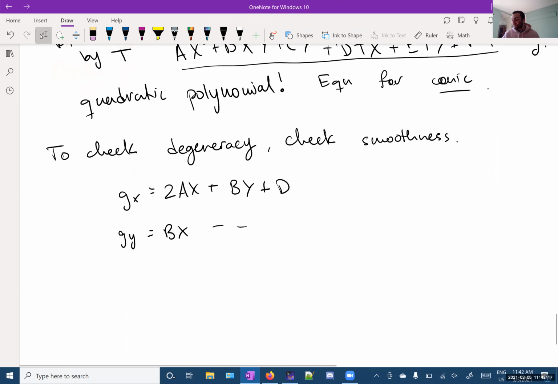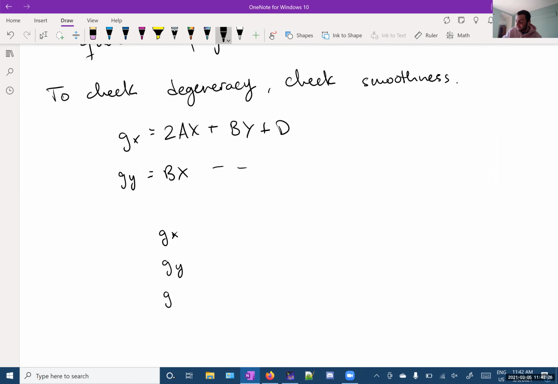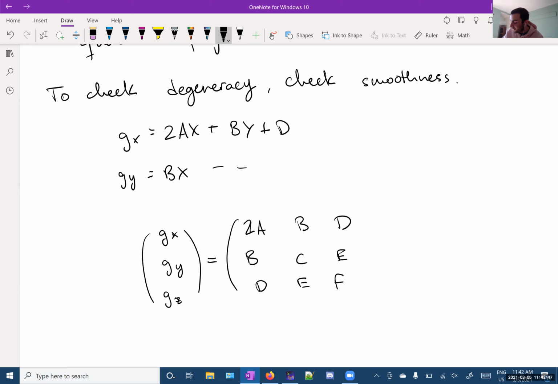But the thing that we notice after we write this down is that we can write it like this: (g_x, g_y, g_z) is equal to this matrix: 2a, b, d, b, c, e, d, e, f. And actually there's a 2 here and a 2 here, times (x, y, t) transposed. We get this sort of matrix-looking equation.